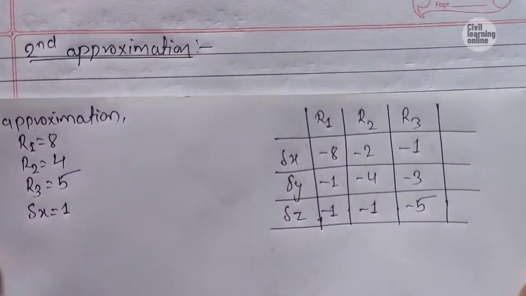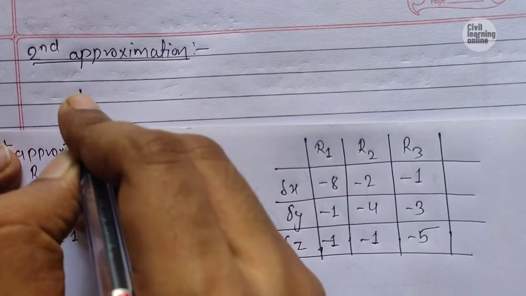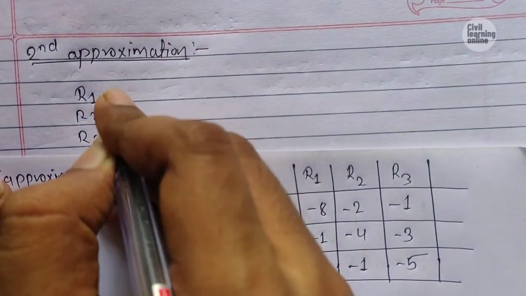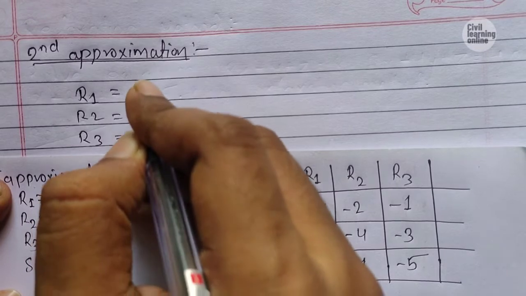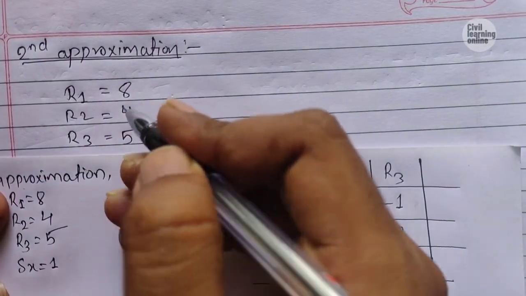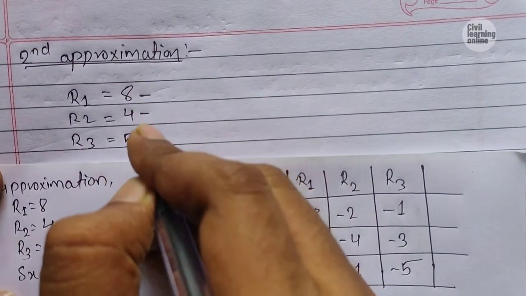I have copied it in an extra sheet. Now let's rewrite it here. We have r1, r2 and r3, which are 8, 4, 5. This is the value we got in first approximation. Now simply write the minus sign here.